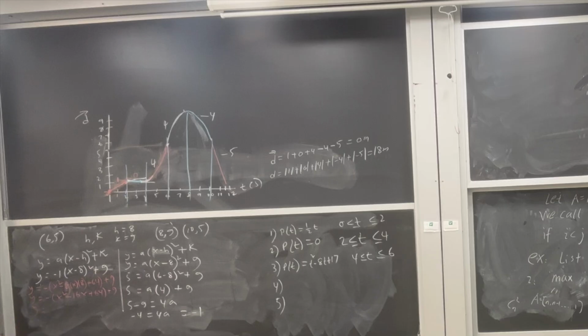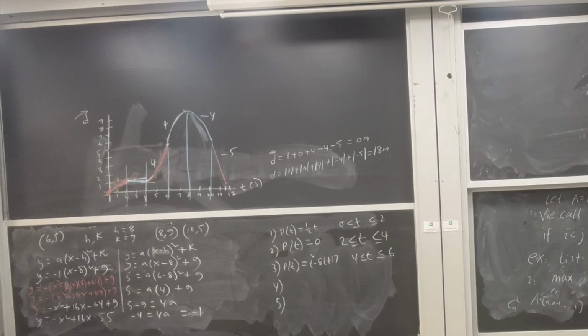So y is equal to minus x squared plus 16x minus 64 plus 9. So y is equal to minus x squared plus 16x minus 55.